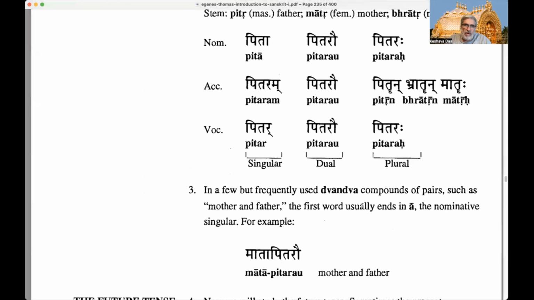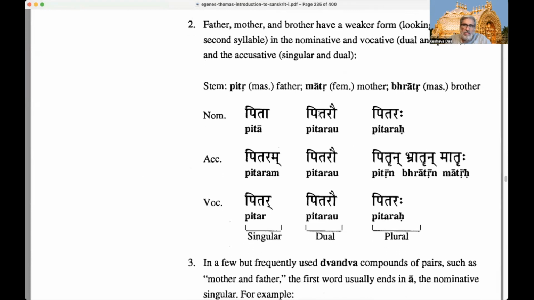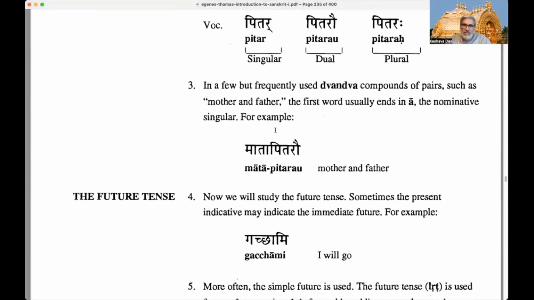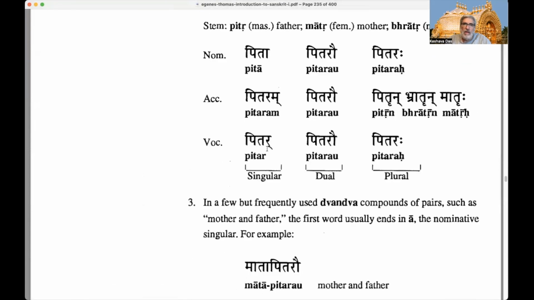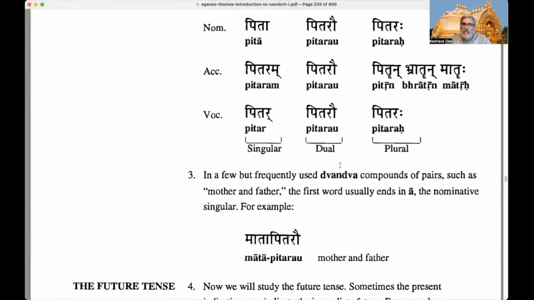So for example, if we go back up here, matri, if we were just to take the stem of that, it will be matri. That's the stem, right? So we don't say matri pitarau, but instead we say mata pitarau. So here it's mata, which is the nominative singular of matri.